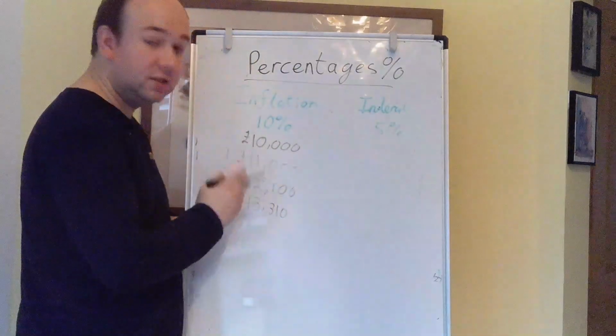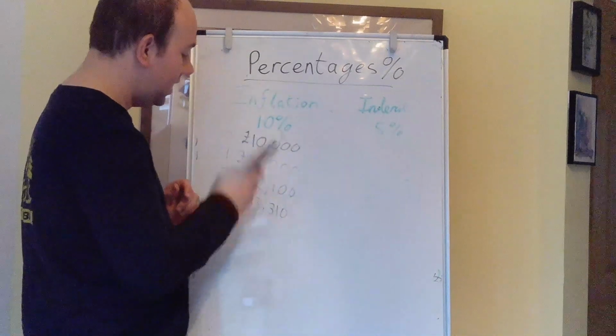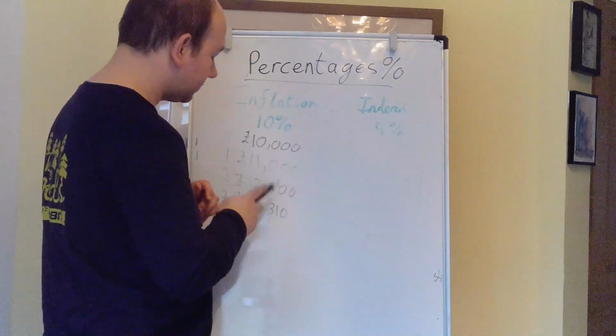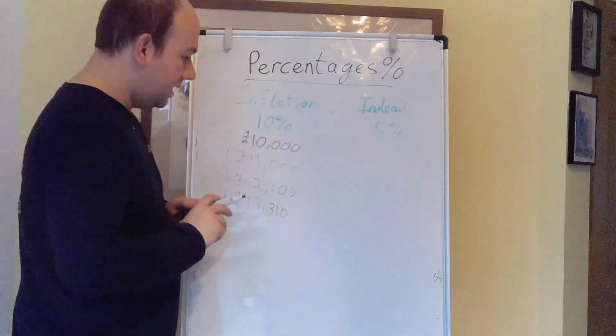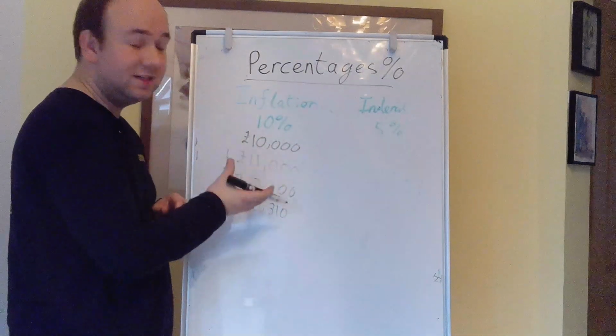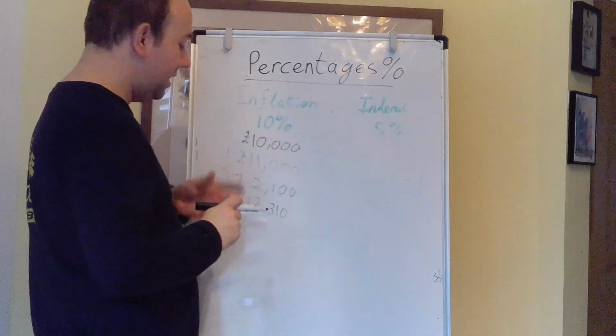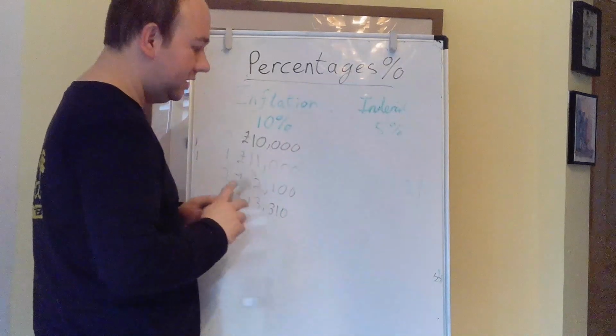So after 3 years, you're going to need £13,310 to purchase your 10,000 Mars bars. Doing it this way, it's a simple number if it's 10%, or if you've got a calculator, you can keep adding all these values up and finding the percentage change.